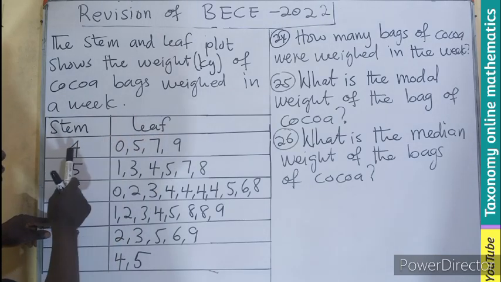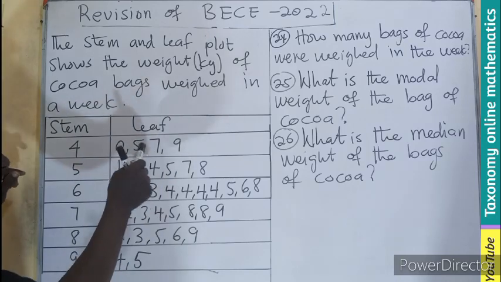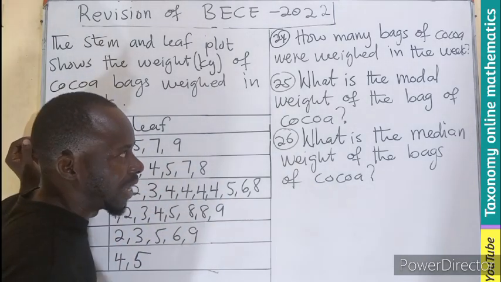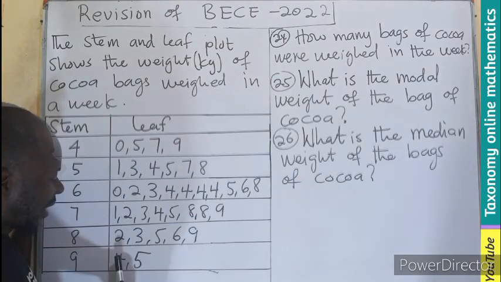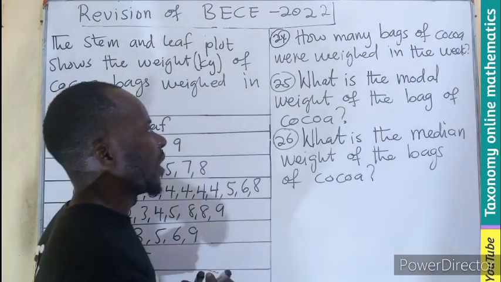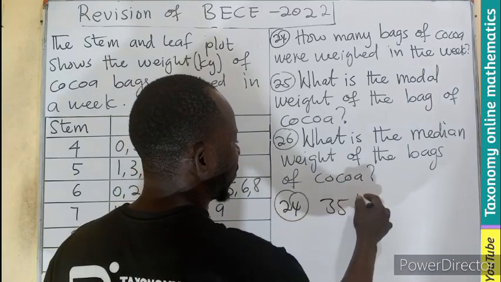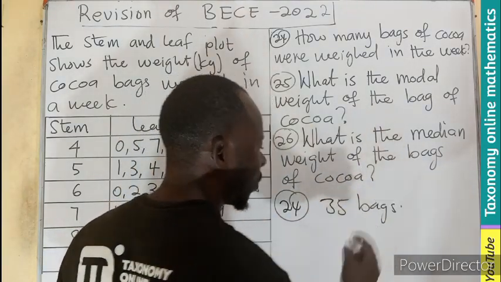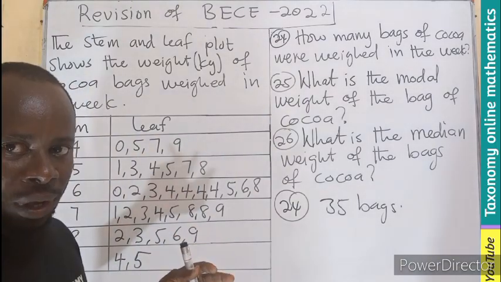So I only count here and give the total as the number of bags. So 1, 2, 3, 4, 34, 35. So we can say that for question 4, there are 35 bags. 35 bags were weighed in that week.